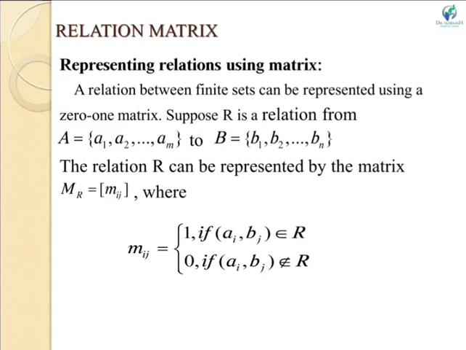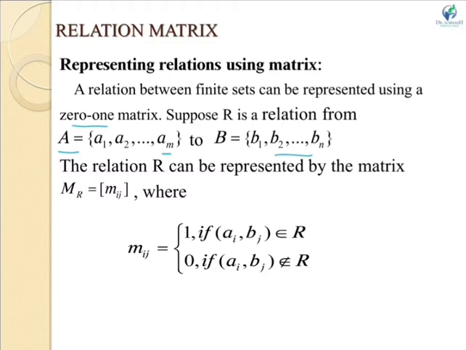A relation between finite sets can be represented using a 0-1 matrix. Suppose R is a relation from A equal to {A1, A2, up to Am} and B equal to {B1, B2, up to Bn}.